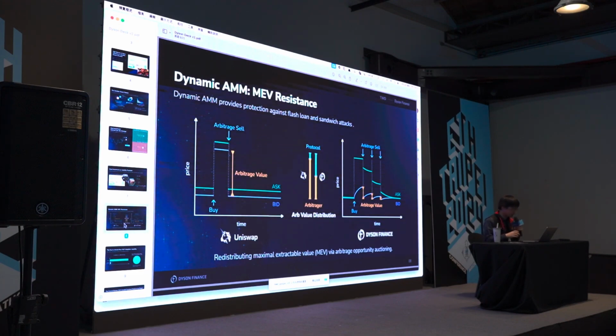Yeah. So by doing so, we can see some interesting traits, such as we no longer need to be worried about, say, sandwich attacks, because a sandwich attack makes sense only if bots can easily manipulate the spot price in the protocol.